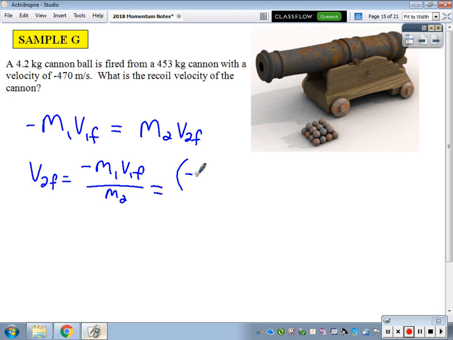Our cannonball's mass is 4.2, okay? Times, what is its final velocity? Negative 470. The negative is certainly of significance. All divided by the mass of our cannon, which we're told is 453 kilograms. Let's go ahead and solve for V2 final.